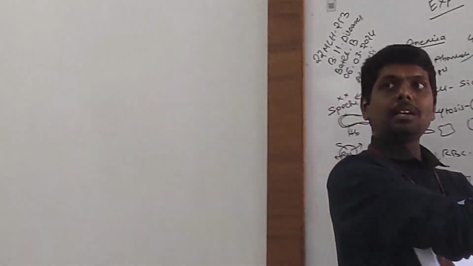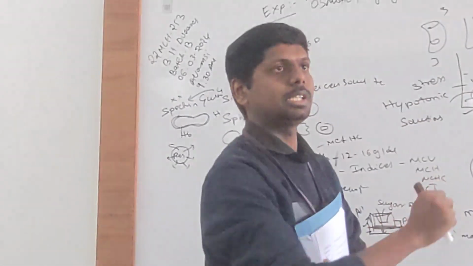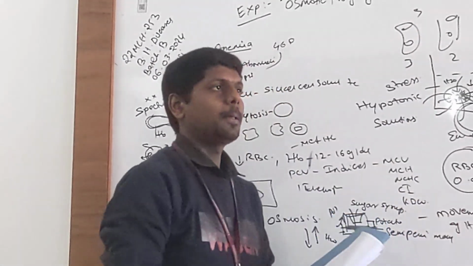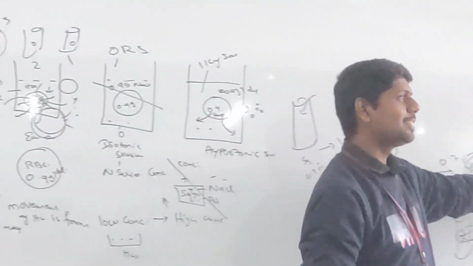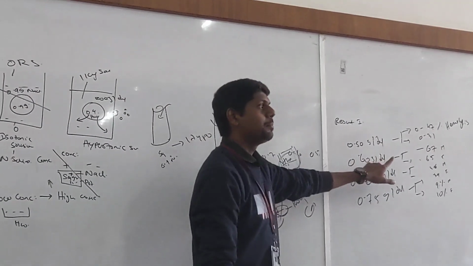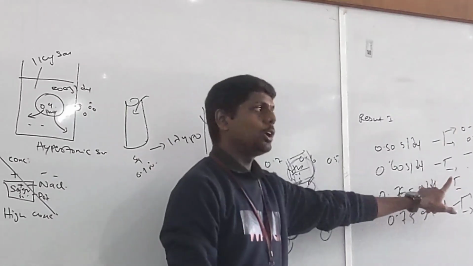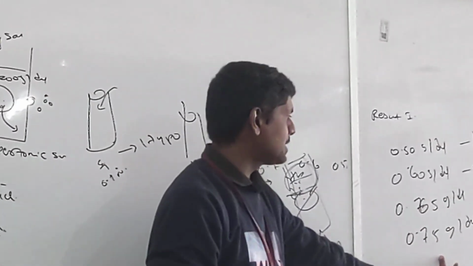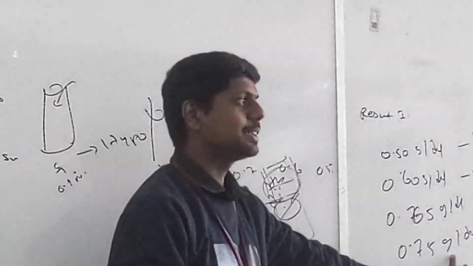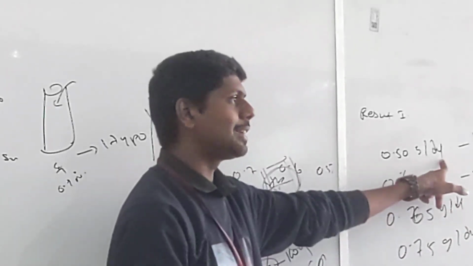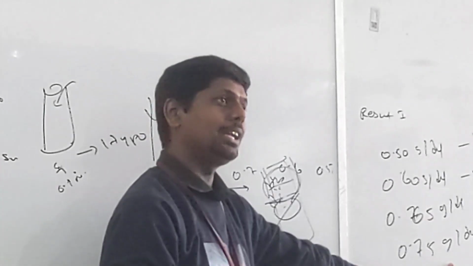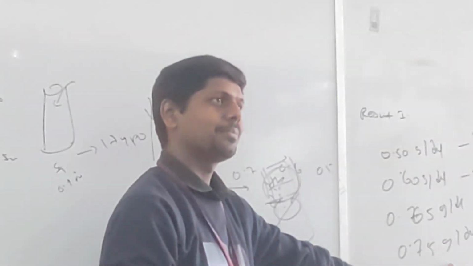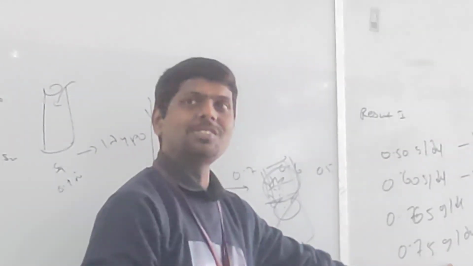A good cell can withstand a hypotonic stress. Wait, here I think our values will reduce in spherocytosis. Because of the abnormality, it can easily lyse here itself. It cannot survive up to here. An abnormal cell is fragile.